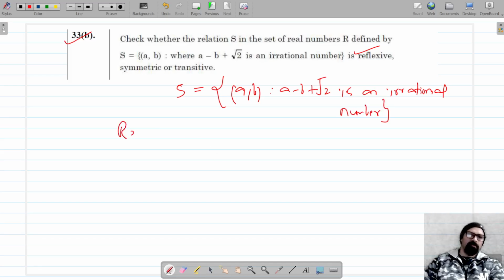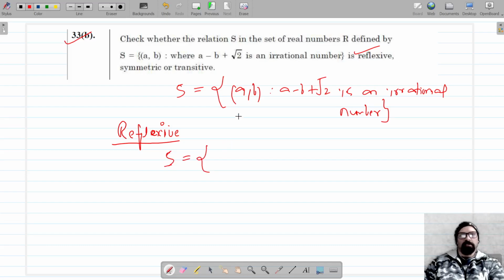Let's check it for reflexive. For reflexive, we have to form the ordered pair of the element with itself and check whether they are in relation with each other or not. So instead of b, we take the same element a: a minus a plus root 2 should be an irrational number.